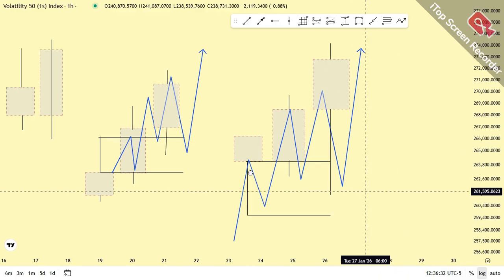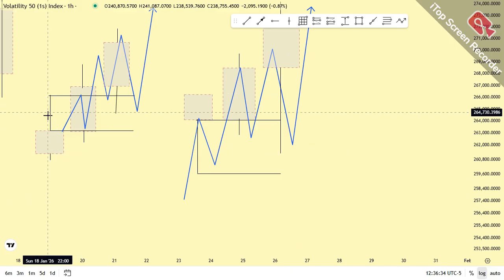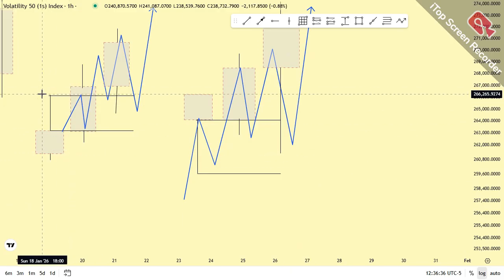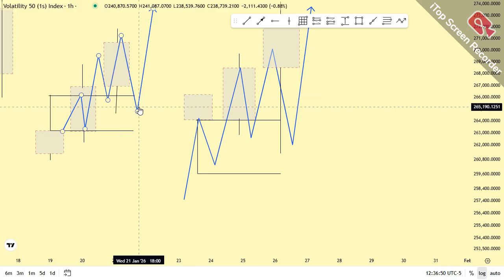Now, inside of this rejection candle, the condition to trade this particular setup is that we need to see a break of structure after the formation of this rejection candle. So we have to highlight it in a way that we only see the area of that rejection.